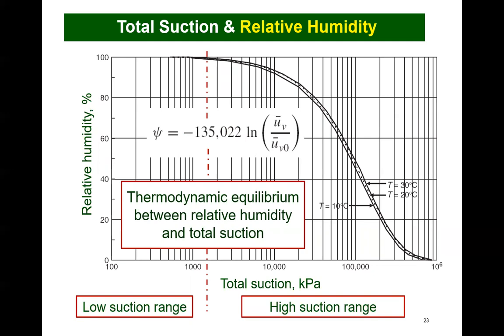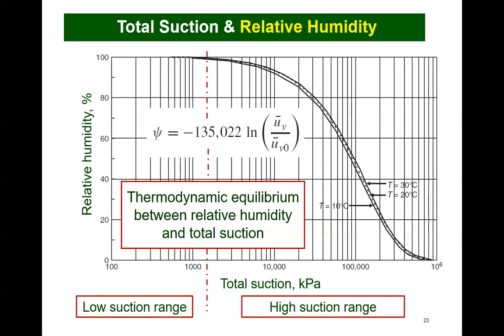It should be noted that the relative humidity of the soil does not decrease significantly until almost 10,000 kilopascals of suction. The matrix suction range of greatest interest in geotechnical engineering usually ranges from about 1 kilopascal to 1,500 kilopascals.